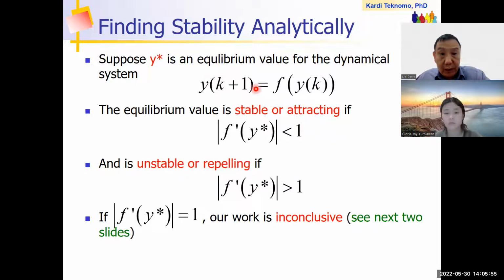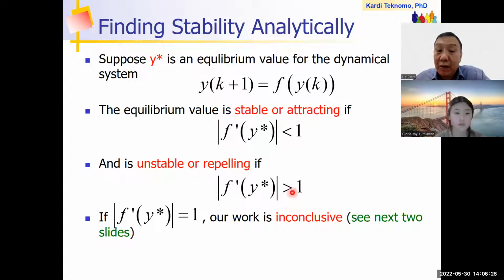If you have this non-linear dynamical system, and y star is your equilibrium value, you put y star into that equation, then you take the first derivative and then the absolute value. If the absolute value of the first derivative at that equilibrium is less than 1, you know the equilibrium is stable.